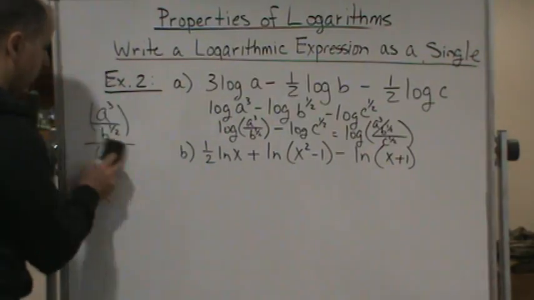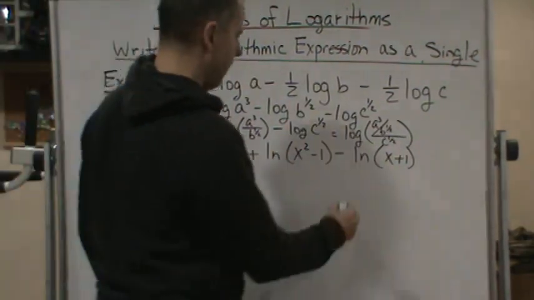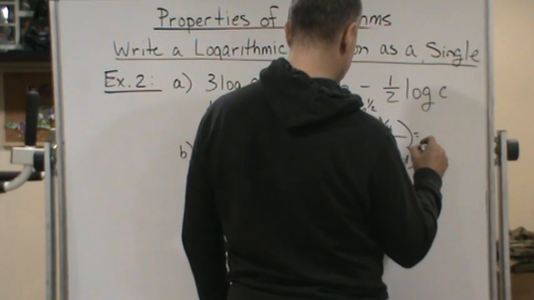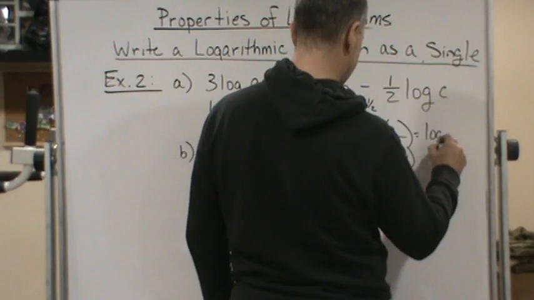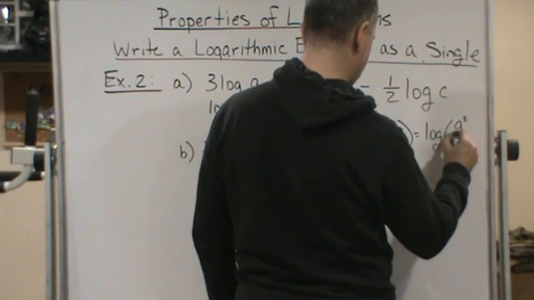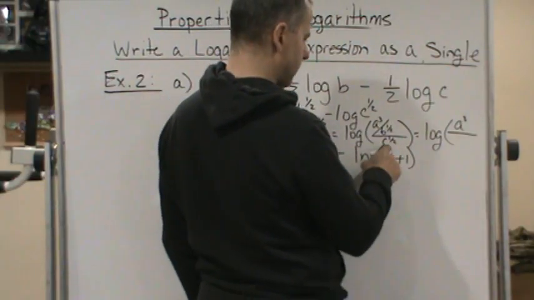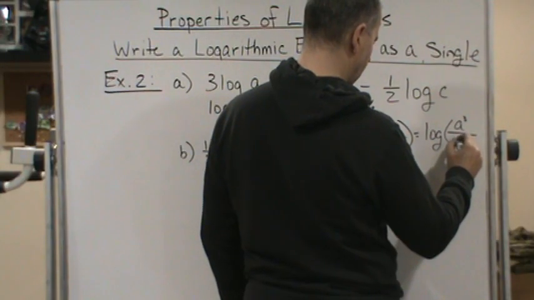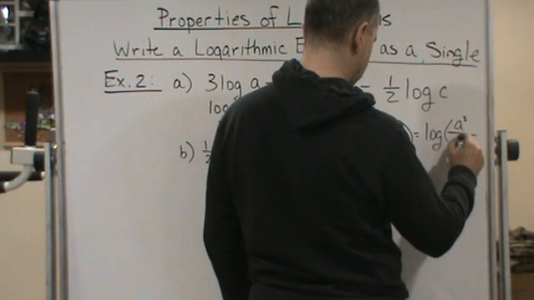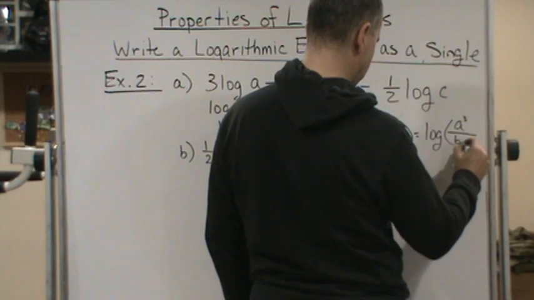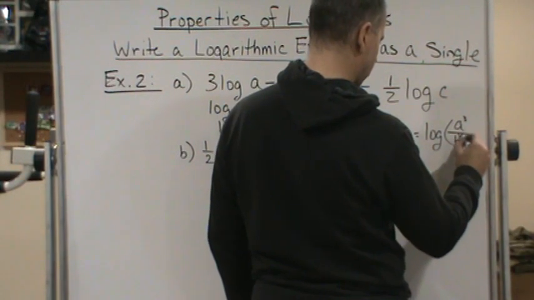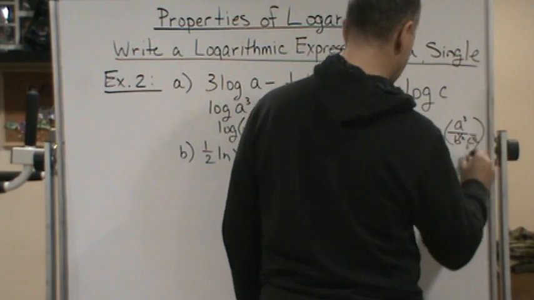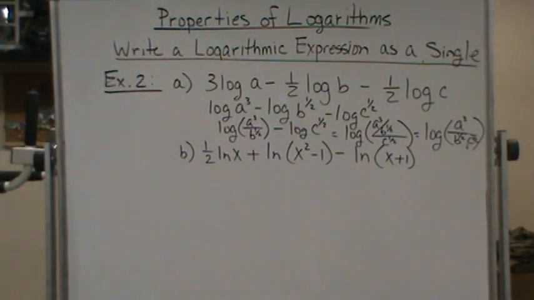So this will just end up being log of a cubed over b to the 1/2 times c to the 1/2, but they're both to the 1/2. Let's write it separately: b to the 1/2, c to the 1/2.